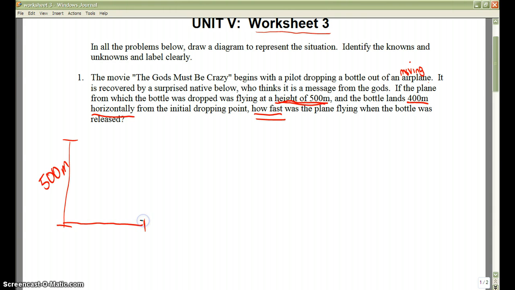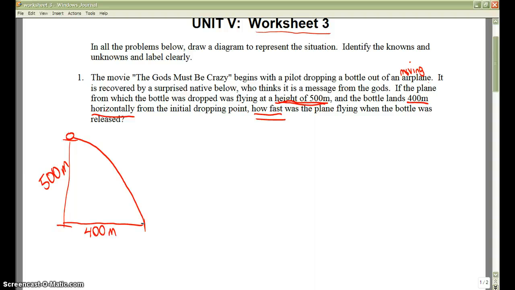It landed 400 meters, notice the word horizontally, so our 400 meters is going to go down here at the bottom. Our projectile is going to start up here at 500 meters, slowly arc its way down and land 400 meters horizontally from where it started.